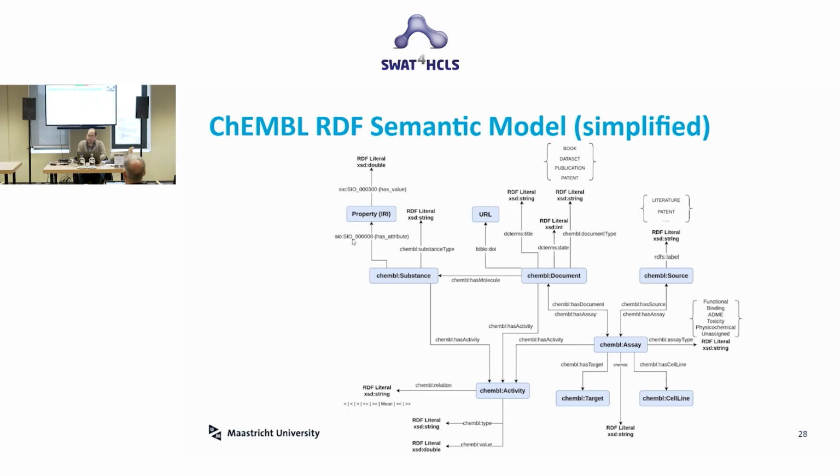Why not just do a predicate for each of the properties? So this is a triple: subject, substance, predicate has attribute, and object, the property. And the object here is a resource in itself. And there is another triple. Yeah, subject is the property, the identifier, the URI, predicate, object, right? So they are two entities linked to each other.